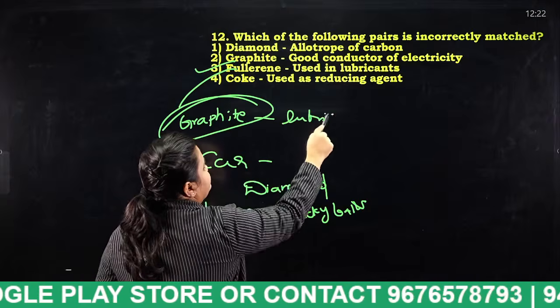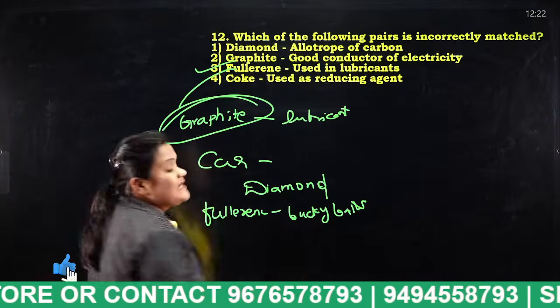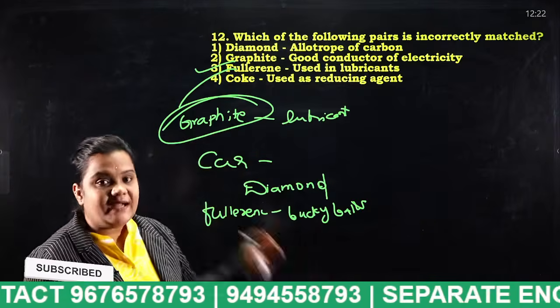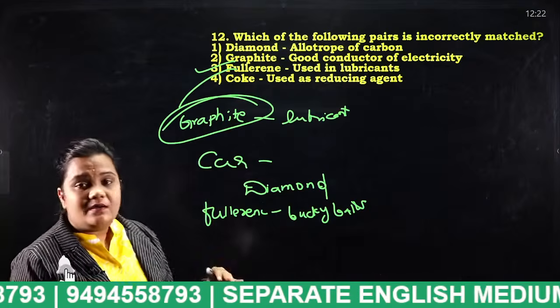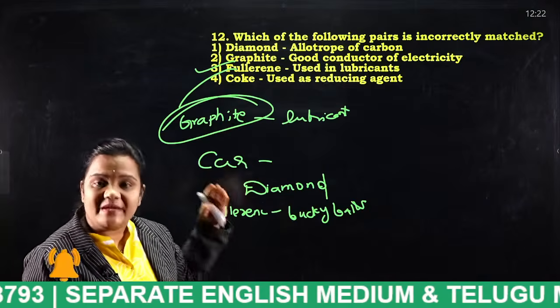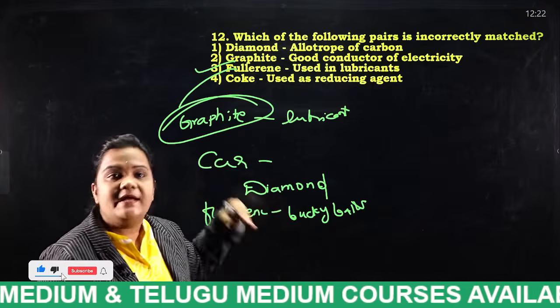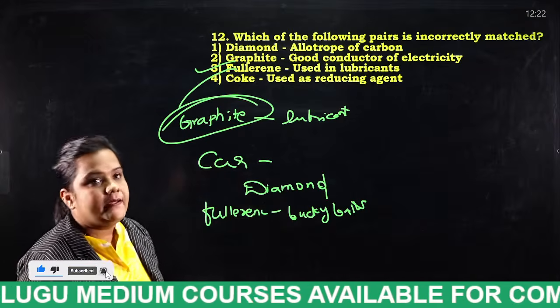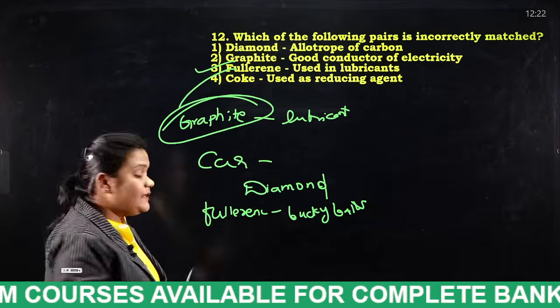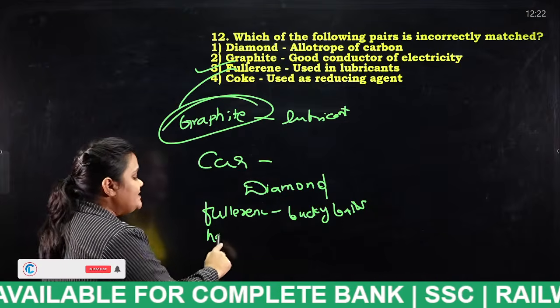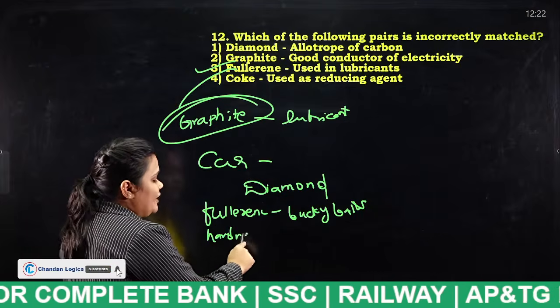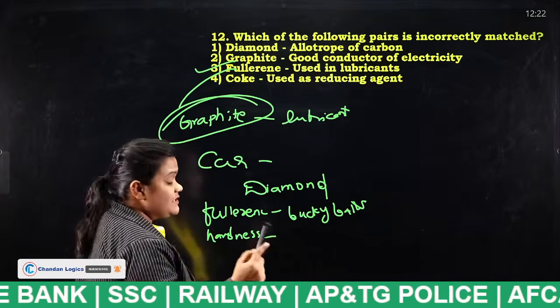Next, graphite is also a good conductor of electricity. Diamond, as I have discussed, is one of the allotropes of carbon, and coke is used as a reducing agent. Remember, students, hardness of a substance is measured on which scale?